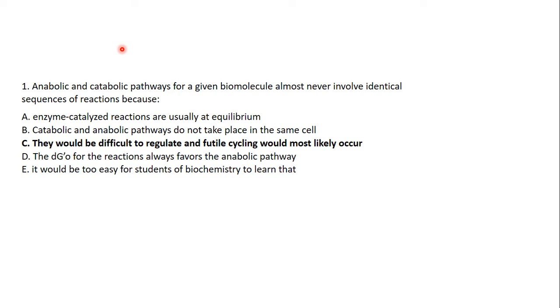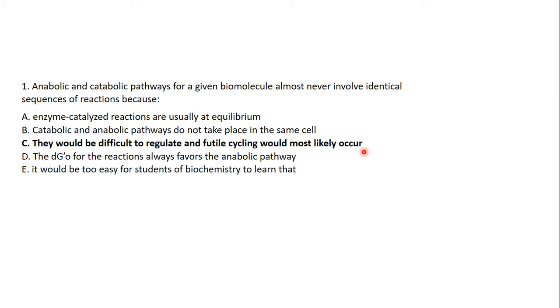So first, we're going to start with just a general question. Anabolic and catabolic pathways for a given biomolecule almost never involve identical sequences of reactions because, as we talked about before, if you had the same sequences of reactions, it would just be a futile cycle. You would go down one pathway and then go right back up. So, for example, glycolysis and gluconeogenesis.